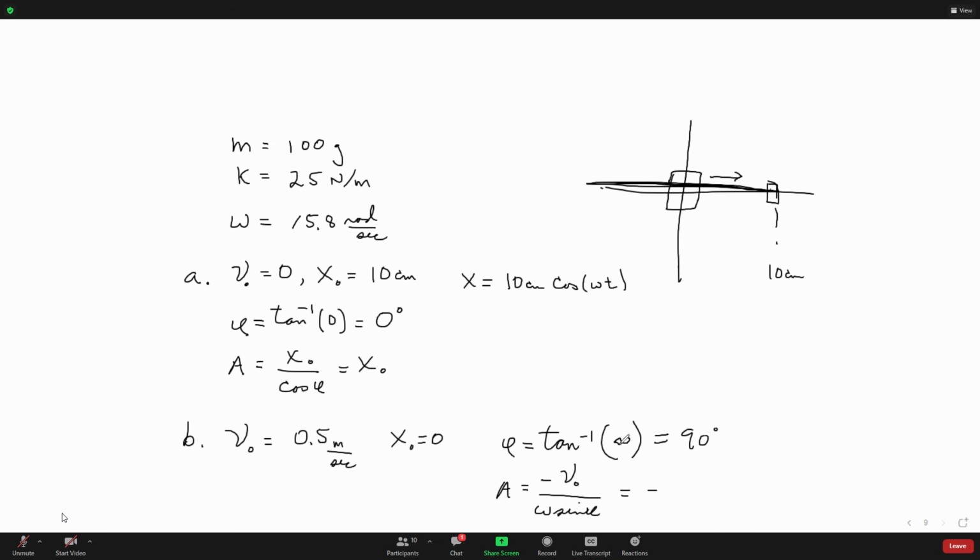The amplitude is actually 3.165 centimeters. But it's negative. So that means in this case my x is equal to minus 3.165 times the cosine of omega t plus 90 degrees.